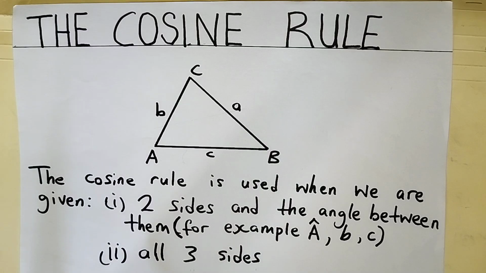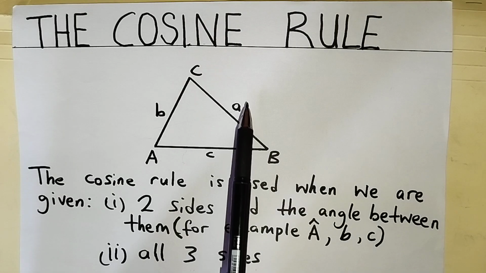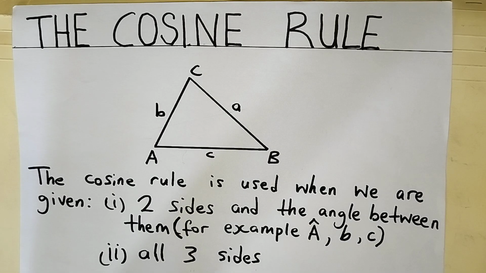Also, we can use the cosine rule for solving a triangle when we are given all three side lengths on our triangle. So let's look at this triangle ABC. These capital letters represent angles and the small letters represent the side lengths.